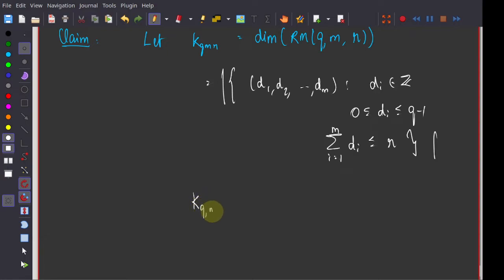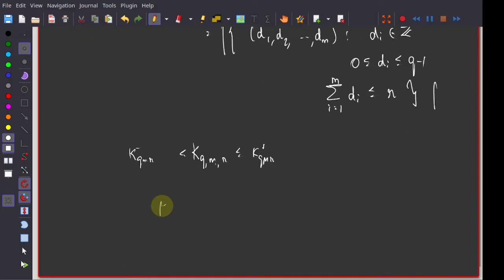K(Q,M,R) is less than or equal to K plus (Q,M,R) and is greater than or equal to K minus (Q,M,R), where K minus (Q,M,R) is equal to a complicated looking expression.